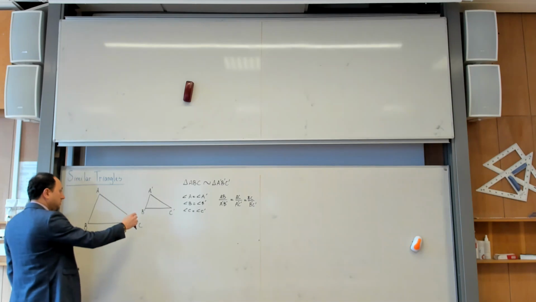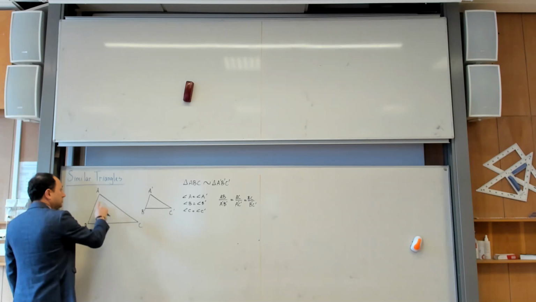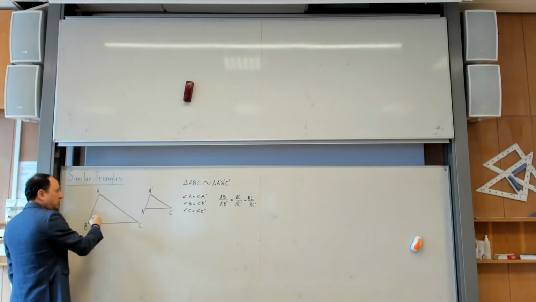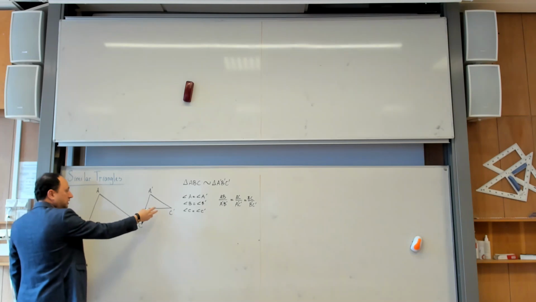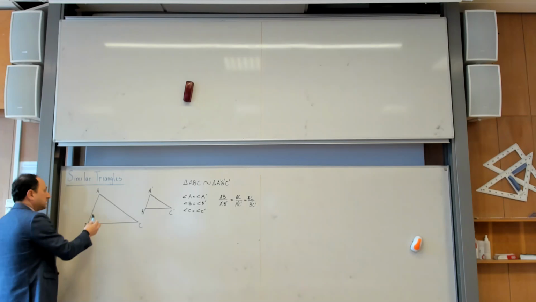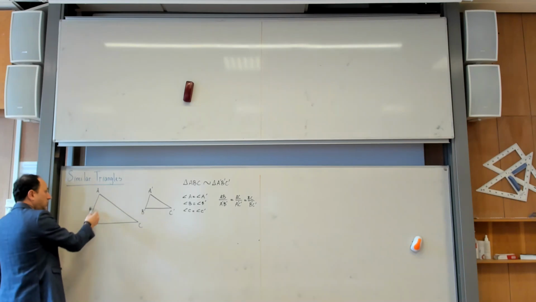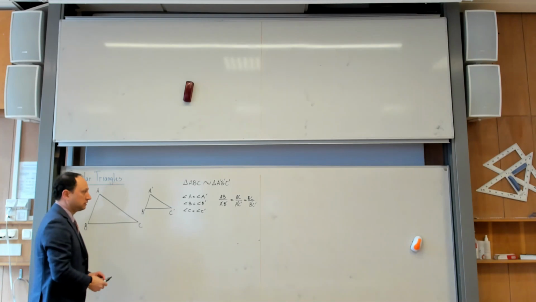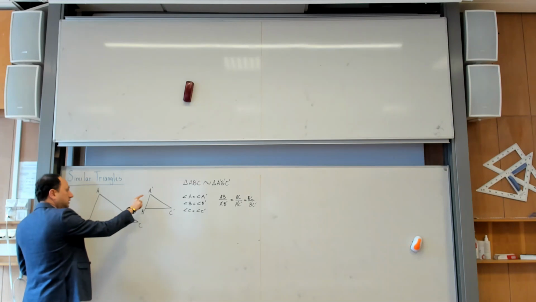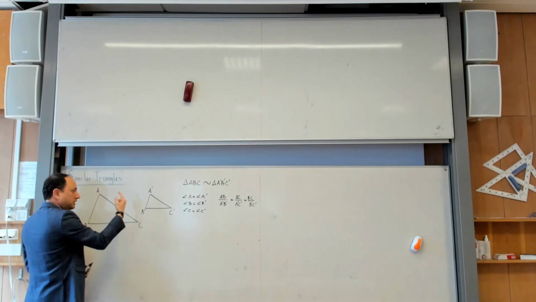And so the definition is, when you say that two triangles are similar, it means that the angles from one triangle are equal to corresponding angles of the other triangle, but not just that, the sides are proportional. So it means that if you take the length of this side and then divide it by the length of the corresponding side here, you get a number.